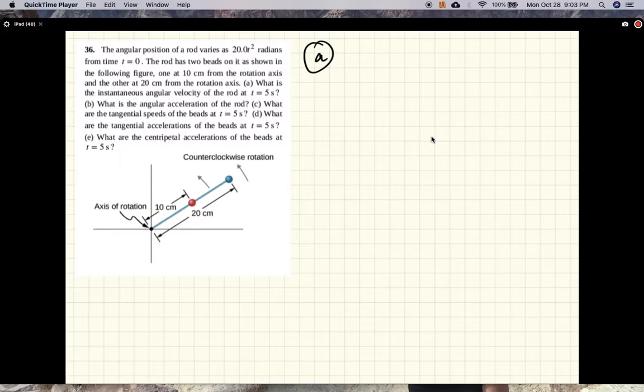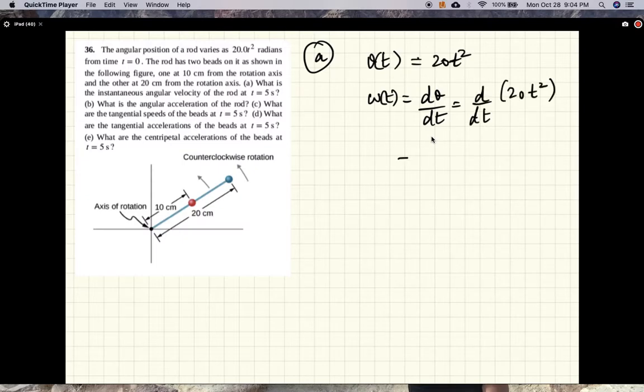Okay, so angular position is given as 20 t², and angular velocity as a function of time is dθ/dt. So the derivative of this, d/dt of 20t², is equal to 40t.